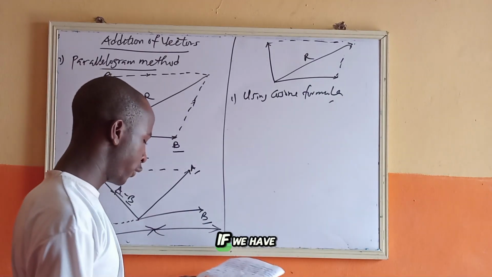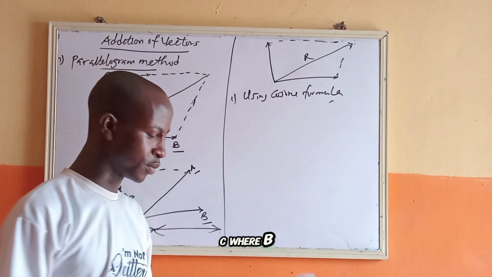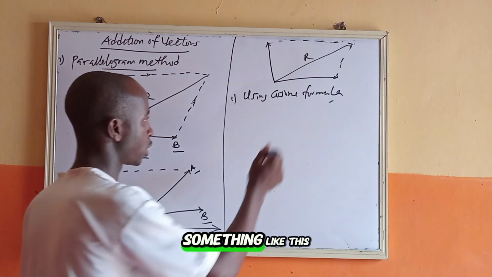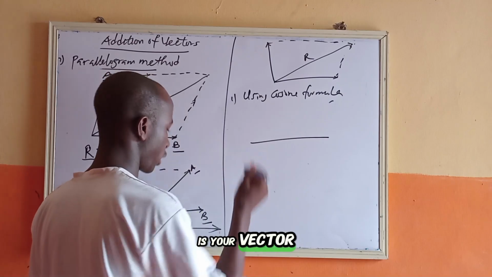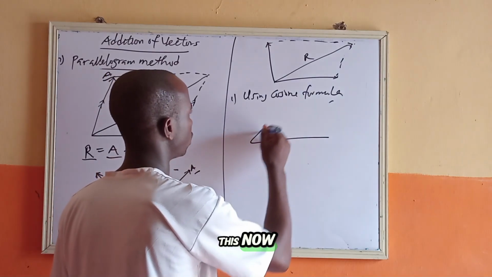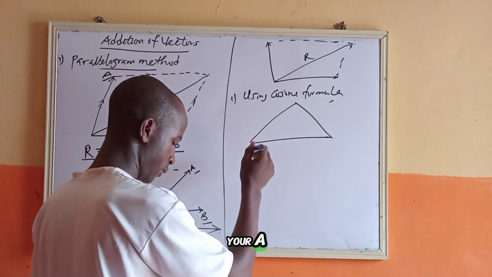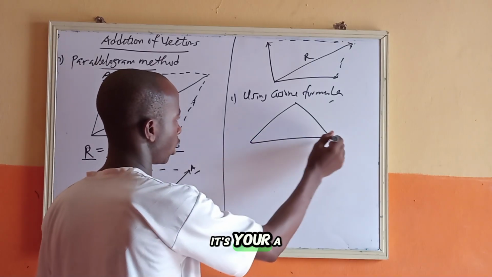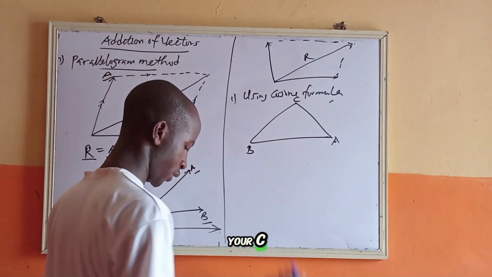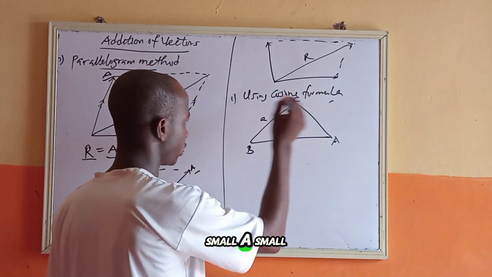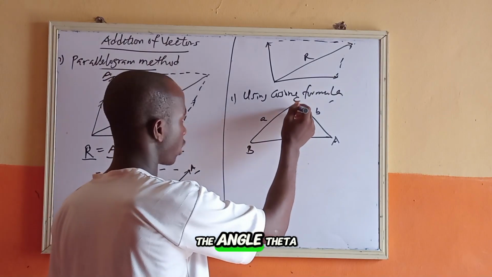So if we have a triangle ABC where B makes an angle theta, we have something like this. This is your A, this is your B, this is your C. So we have small a, small b, small c at angle theta.